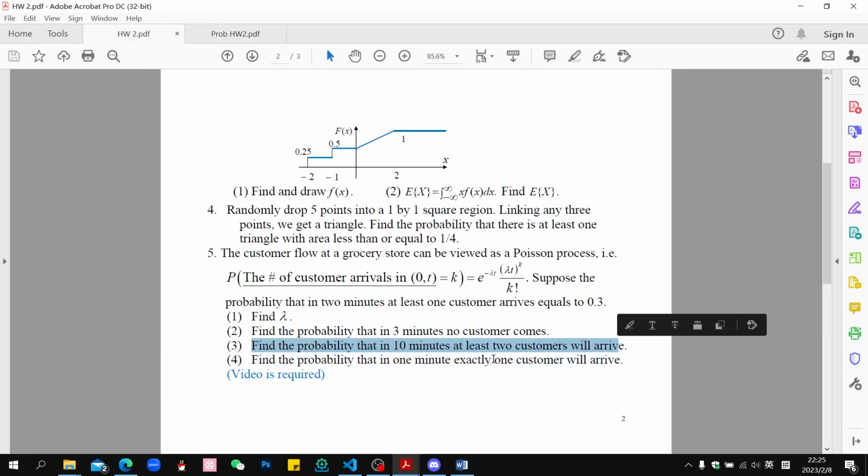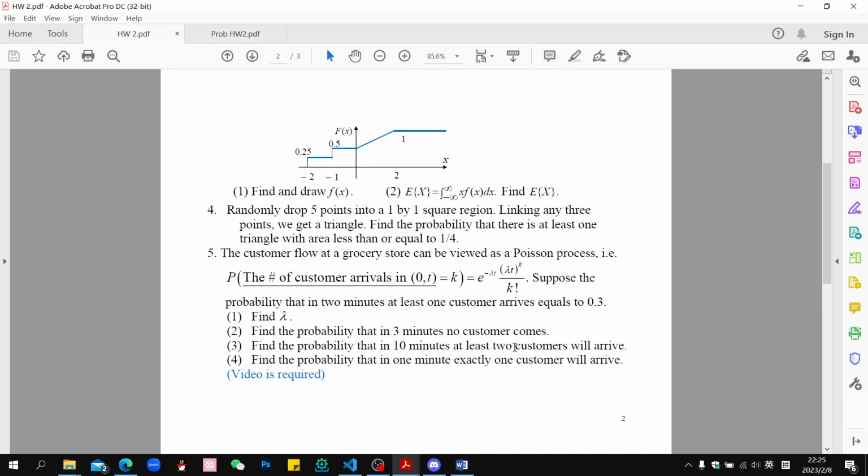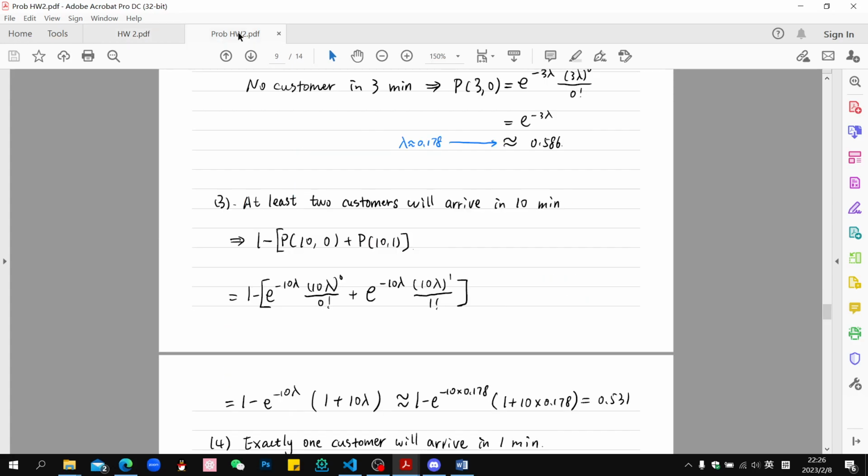Question 3 asks us to find the probability that in 10 minutes at least 2 customers will arrive. Again it says at least, so we have to subtract the conditions of exactly 0 and exactly 1 customer from the probability 1.